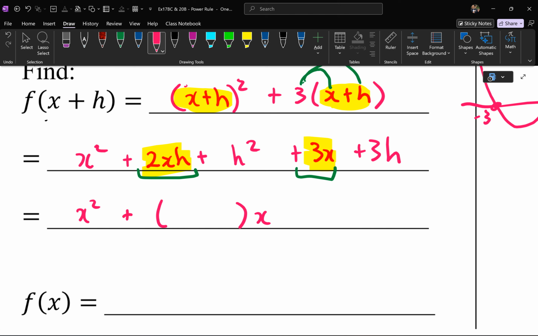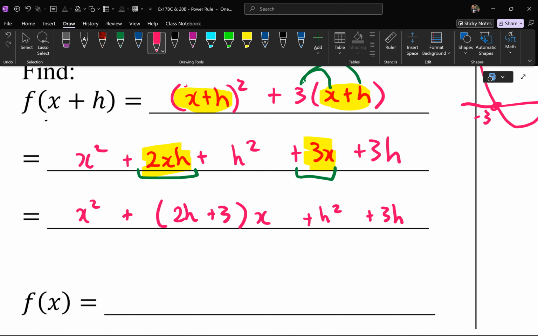What goes inside the brackets? x times what gives you 2xh? 2h, very good. So x times 2h gives you 2xh. x times what will give you 3x? 3, very good. So you got 2h plus 3. That's just nicer to see now. And the leftover is plus h squared plus 3h.